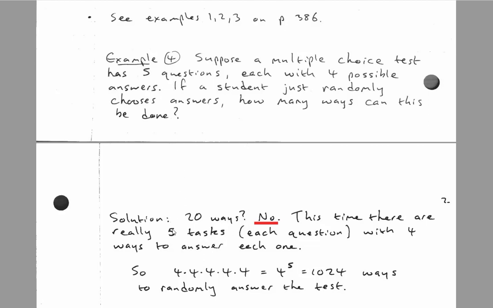In fact, 5 questions, so it's really 5 tasks. So it's X, Y, Z, W, T, so we're multiplying 5 numbers together. It's 4 times 4 times 4 times 4 times 4, so 4 to the power of 5 is 1024. So you can see certainly a lot more than 20 ways to answer the test.